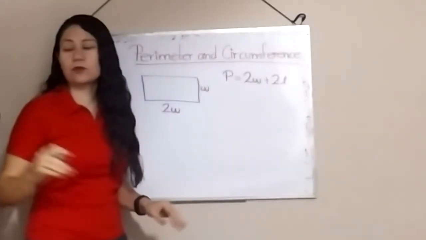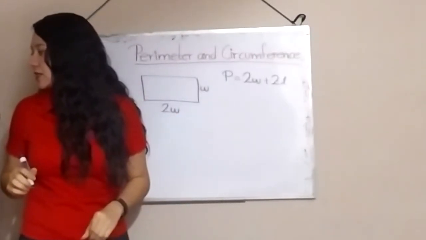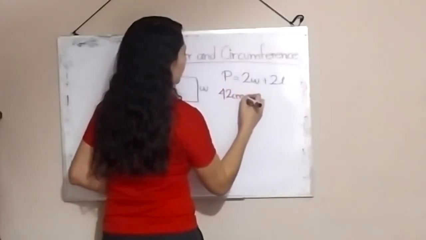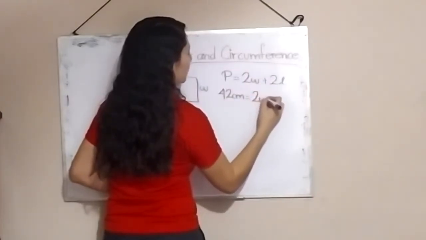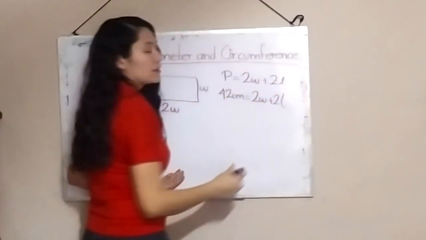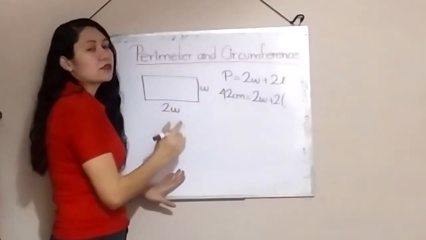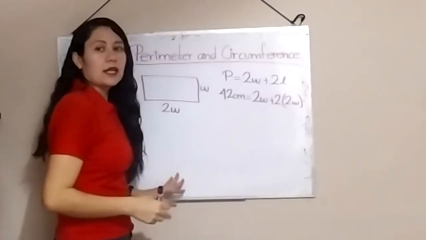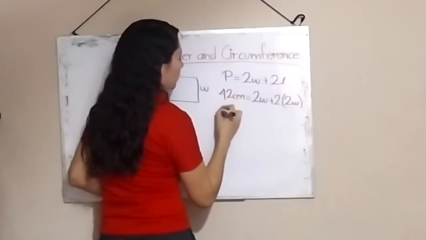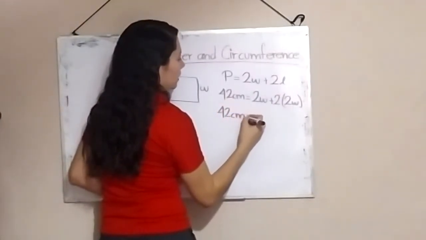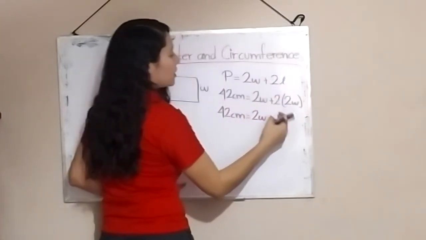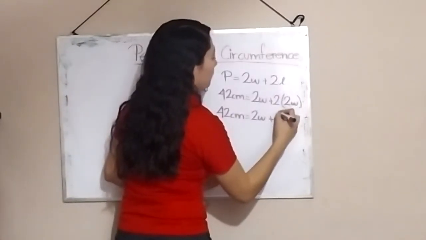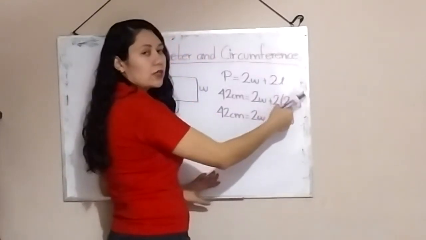If we substitute, the value for the perimeter is 42 centimeters. 42 centimeters is equal to 2 times the width plus 2 times the length. And the value of the length is 2 times the width. Let's solve the equation. We have 42 centimeters equals 2 times the width plus 2 times the width is 4 times the width, because 2 times 2 equals 4.